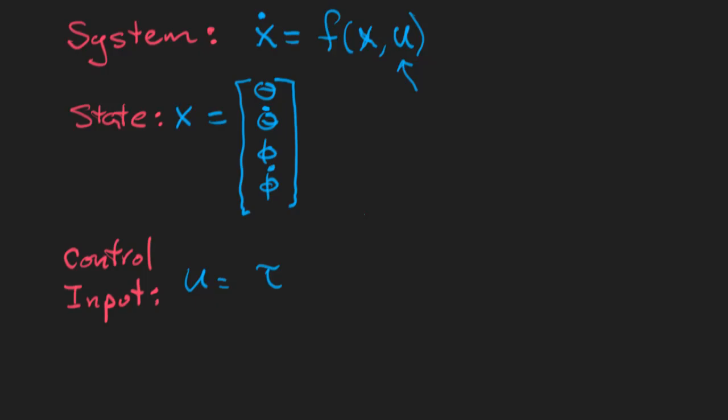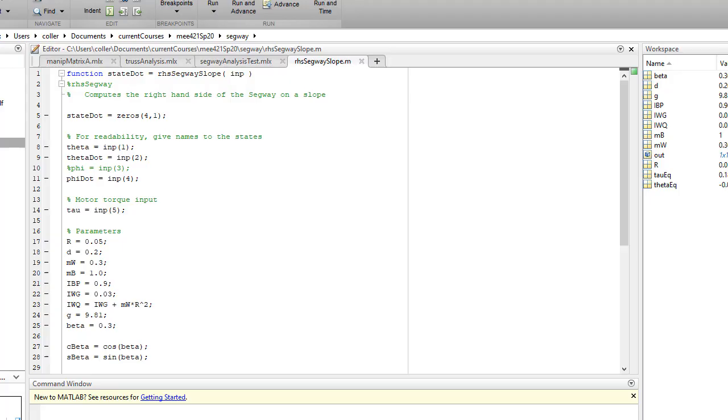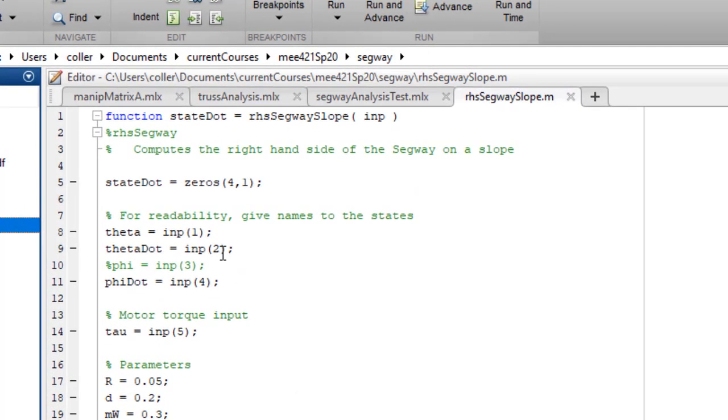Let's bring it back up. The state and the control input go into this function, and the function calculates the time derivative of the state, which goes back to the integrator. For this function we wrote a MATLAB function called RHS Segway Slope.